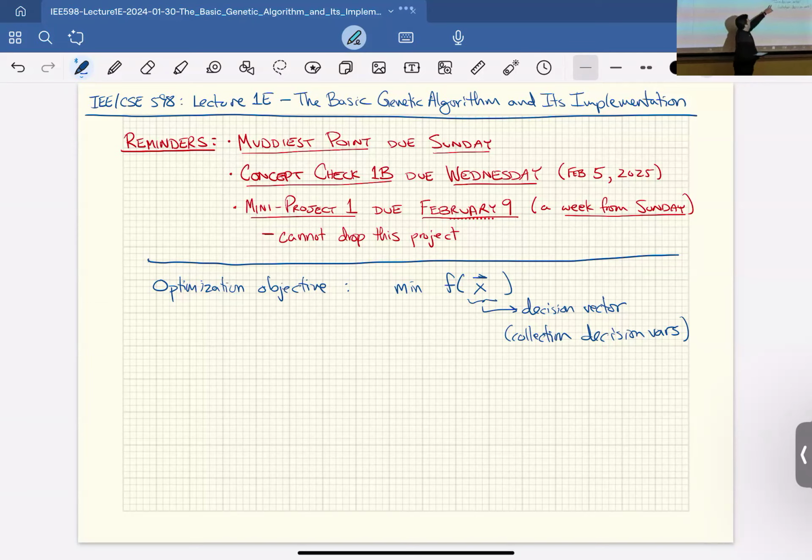And so I need this to be feasible. I need this to be a drivable car. I need this to be a car that passes all the safety checks. I need this to be a car that can achieve certain minimum performance standards. But I want to do all of that in the feasible set of all the different cars that can do that. I want to do it with the parameters that are the cheapest. That would be one example of an optimization objective.